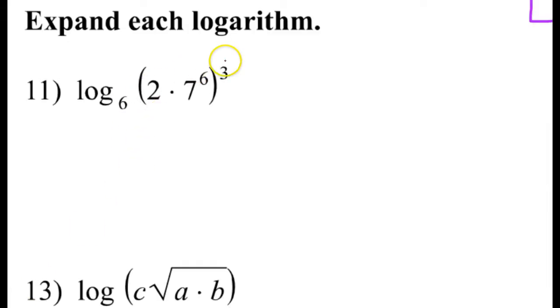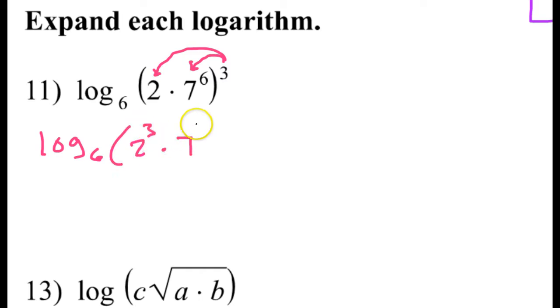For problem number 11, the first thing we want to do is go ahead and raise each one of these expressions to the third power. So what we really have is log base 6 of 2 to the third power times 7 to the 18th power. Remember, when you raise a power to a power, you multiply.